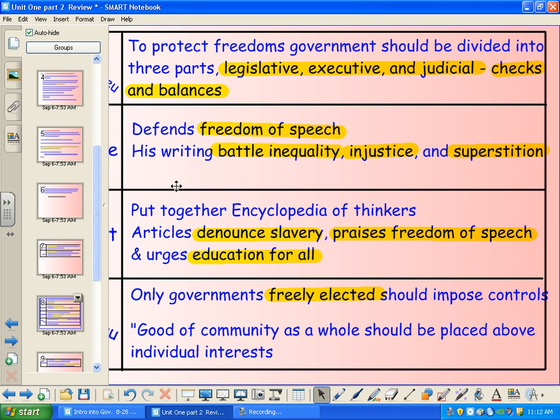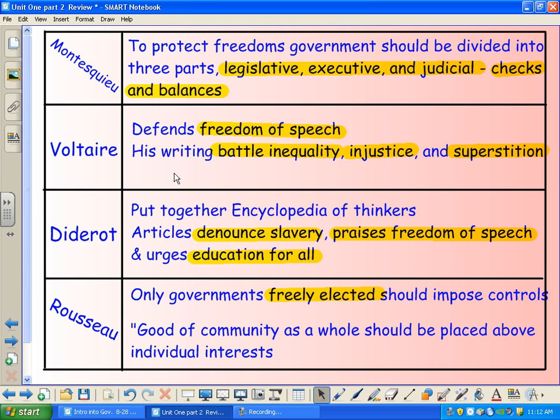Let's look at Diderot. All right, for example, I will ask you, there was something like this. I will say there were an encyclopedia of Enlightenment thinkers. They denounced, or they urged for all people what? What was it that they denounced? Felt strongly should no longer exist. What type of freedoms will they encourage? And so on.